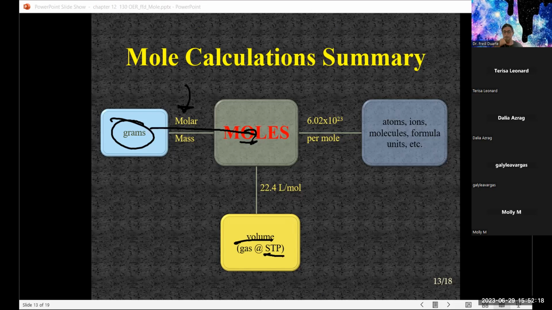From there, you go to moles, okay? Then from moles, you get to volume using this conversion factor of 22.4 liters per mole. If and only if, I can't overemphasize that, you are at STP, 0 degrees Celsius and 1 atmosphere pressure, okay?